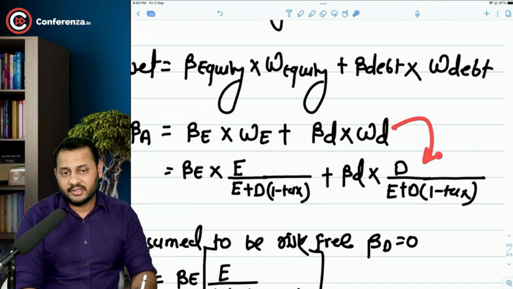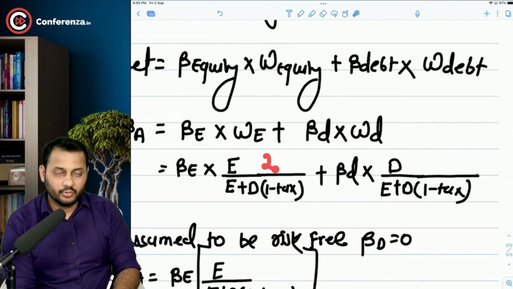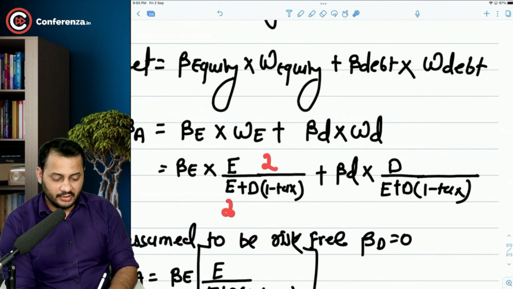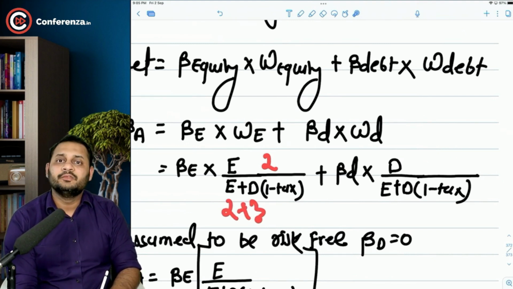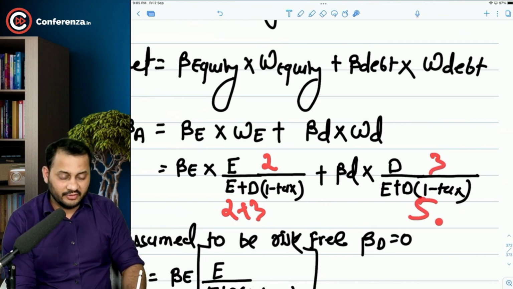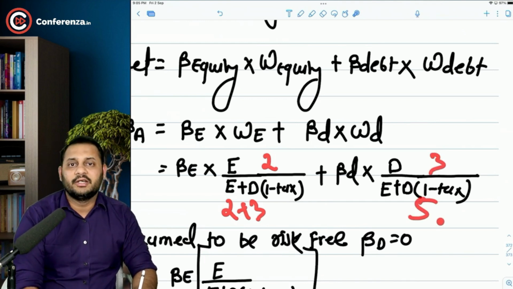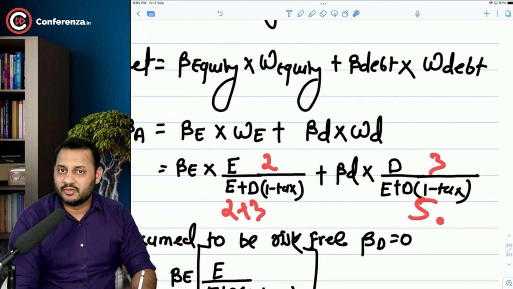Take the debt in the numerator and equity plus debt (1 minus tax) in the denominator. So it is like if you have 2 crore rupees of the equity and 3 crore rupees of the debt, 2 plus 3 is 5. So 2 by 5 will become your total weight of equity, and 3 by 5 will become the total weight of the debt. Okay, got it? So this is how you will calculate the weight.